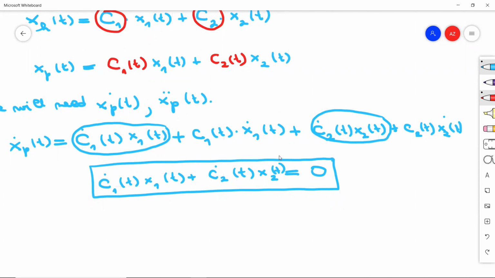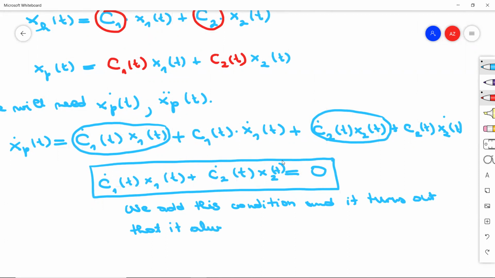So we add this condition, and it turns out that it always works, as we will see shortly.